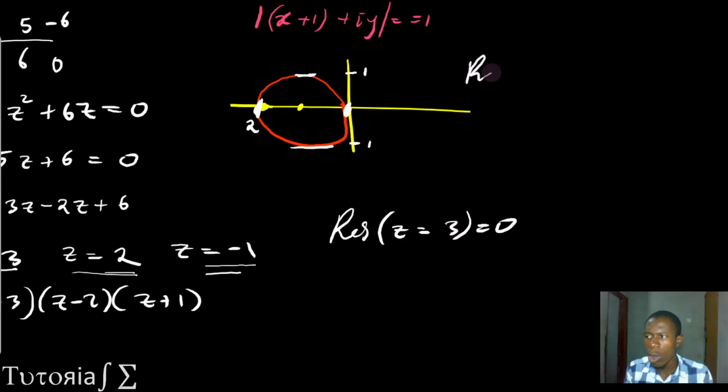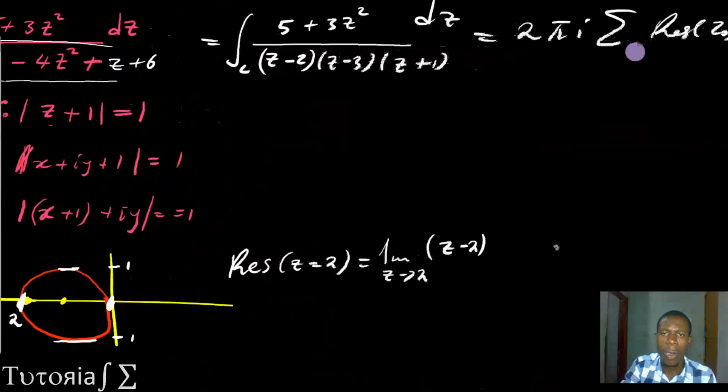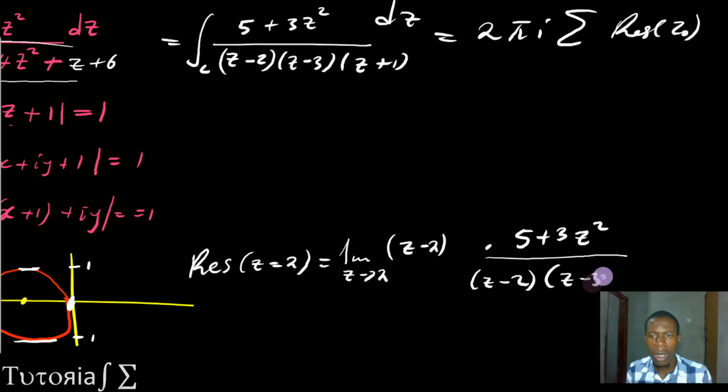Okay, the residue at z equals 2 is basically the limit as z approaches 2 of z minus 2 times the function, which is 5 plus 3z squared divided by z times z minus 2 times z minus 3.